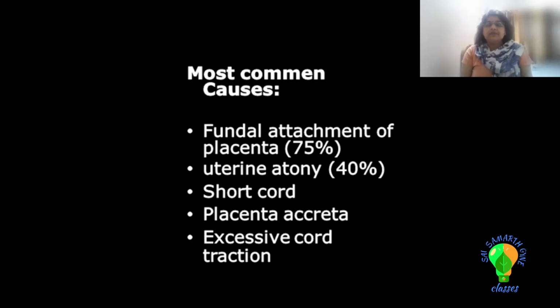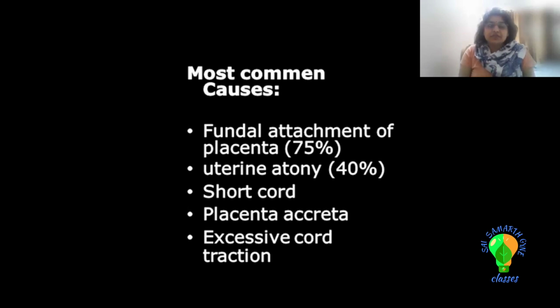Either it has been due to prolonged labor, or it has been due to the use of magnesium sulfate for a long period of time, or it was a case of twin pregnancy, or it was polyhydramnios, okay, or that you have not given any oxytocic or any agent to contract the uterus. So it will lead to, and you are pulling on the cord, it will lead to uterine inversion.